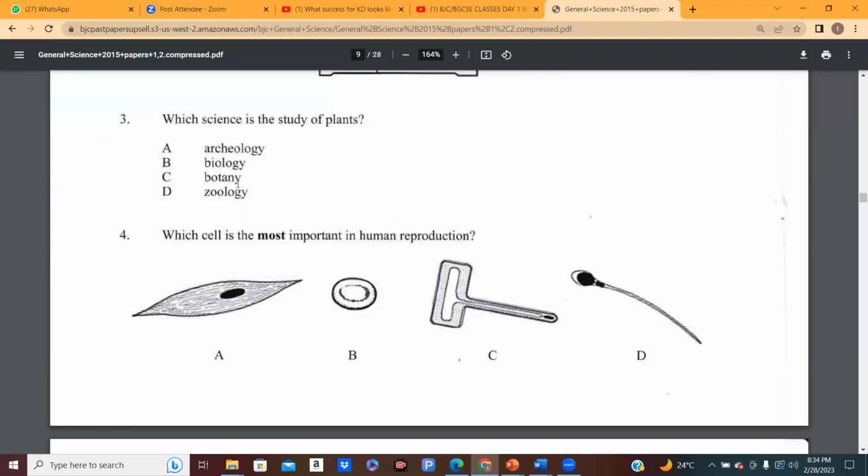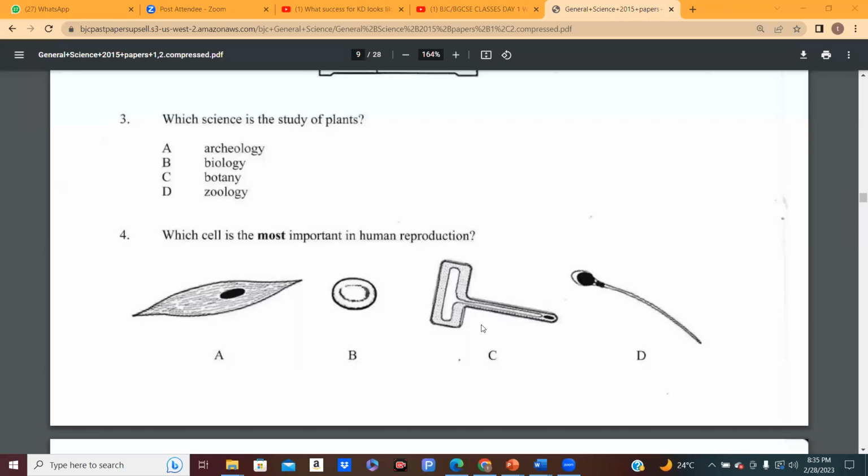Try again, Serenity. Study of plants. C. C, very good. Botany is the study of plants. Biology is the study of plants and animals. But botany is the study of plants.